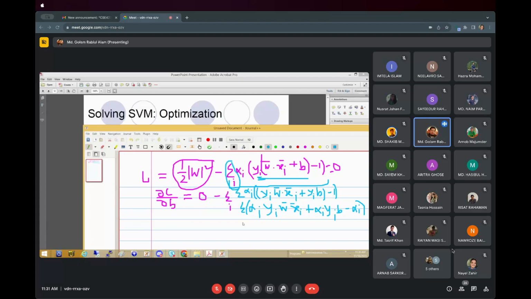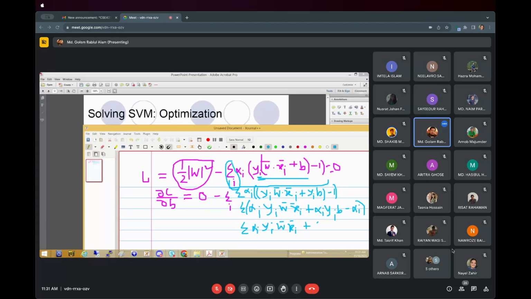That means we can also write it like summation of alpha I yi, then w, then xi, the vector, plus this summation. We have to carry out this summation.